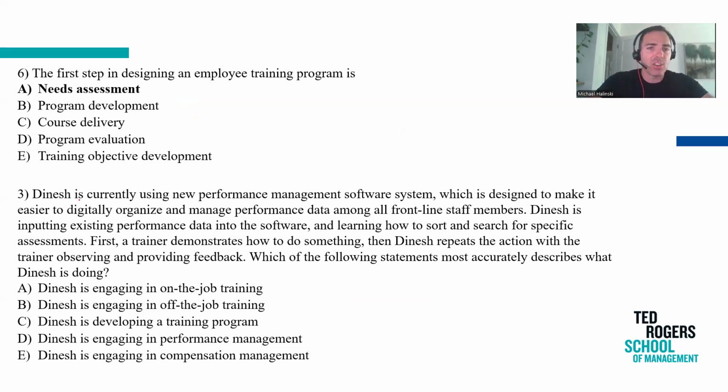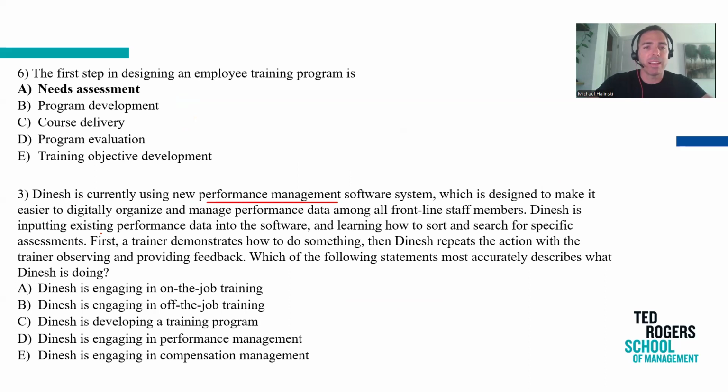Dinesh is currently using new performance management software systems. We're talking about performance management. We're still talking about training, but we're throwing you off here. I might have included the wrong question here, which is designed to make it easier to digitally organize and manage performance data among all frontline staff members.